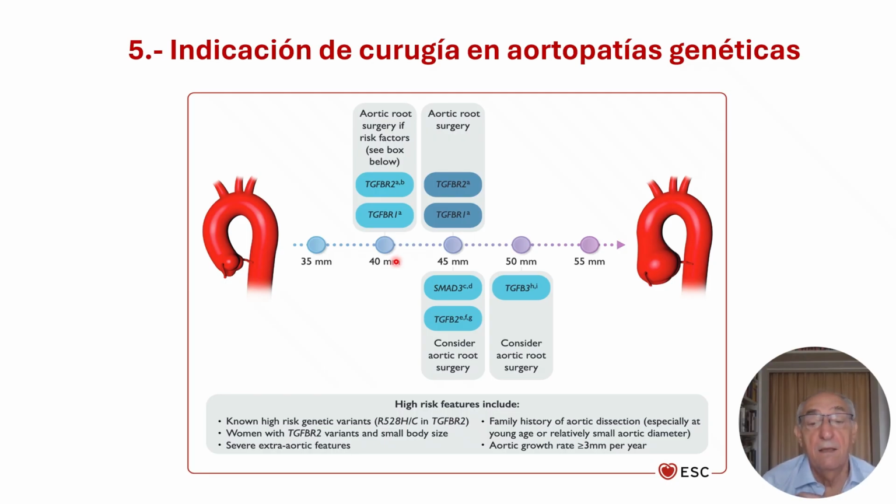In some type of TGF-beta involvement that does not affect receptor 1 or 2, like TGF-beta 3, for example, it is like Marfan, at 50 millimeters of diameter. These data aren't questioned. They seem adequate and prudent. Sometimes a patient causes aortic events and dissects before these diameters, but that's the exception. The main rule is that this works well.